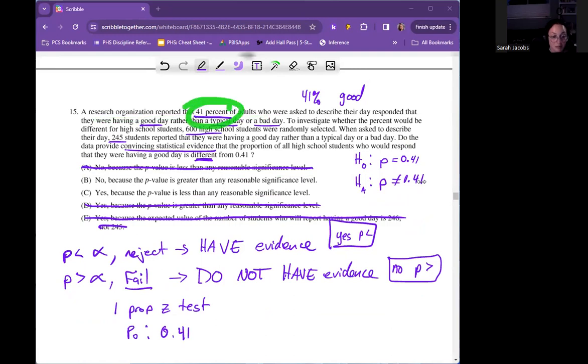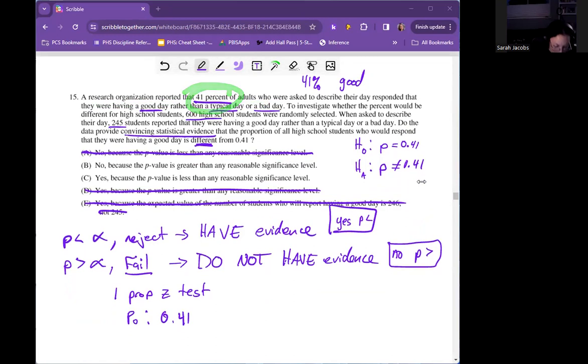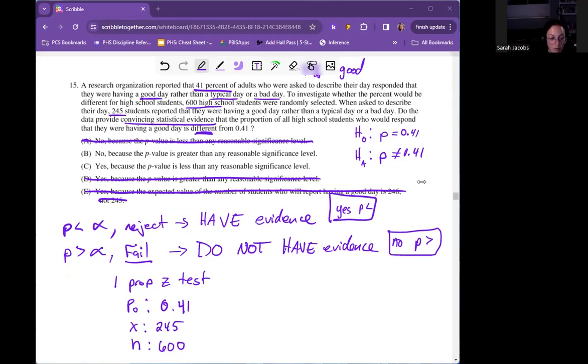That's what this is supplying us. The X, and this is nice because we don't even have to find the number, they gave it to us, is the 245 students who said they were having a good day. N is the 600 students that were surveyed. Just as a side note, because a couple of you have been switching these, X always has to be less than N. We cannot have a proportion greater than 1. So our sample size always has to be the larger number.